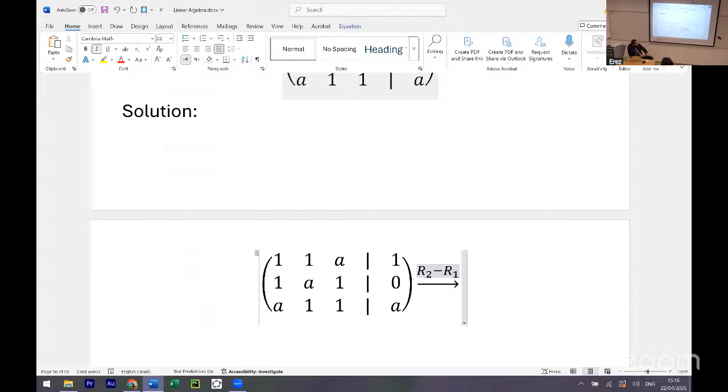Agreed? I wish to cancel out the first column. So I wish to cancel out this and this. Now this makes me scared a bit because of the A. What should be the next step? R3 minus A times R1.